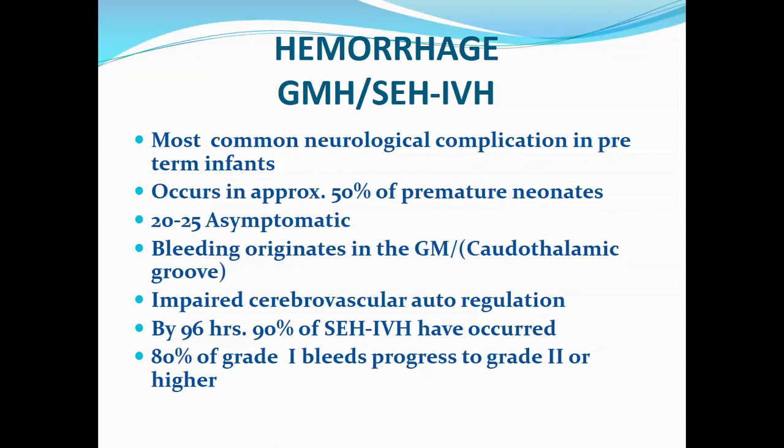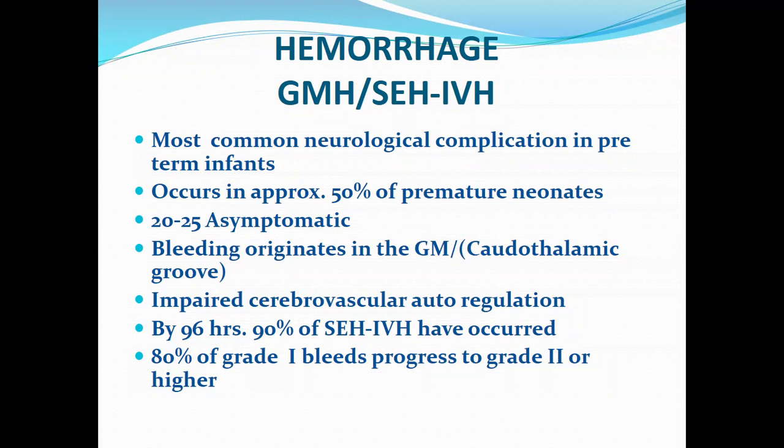So the bleeding, as we said, happens between the caudate nucleus and the thalamus, in the caudothalamic groove, which hosts the germinal matrix. It happens because of loss of the autoregulation system.